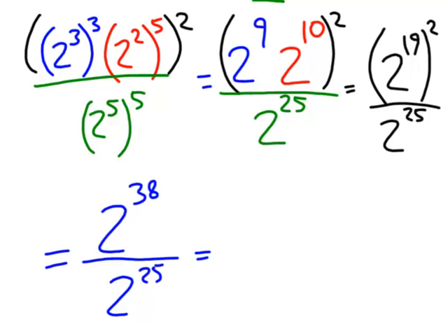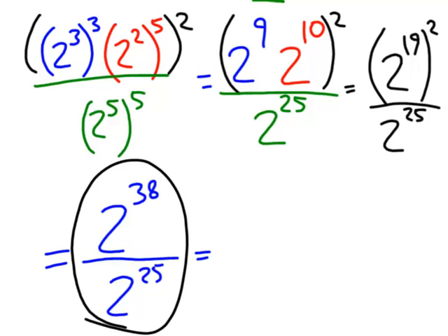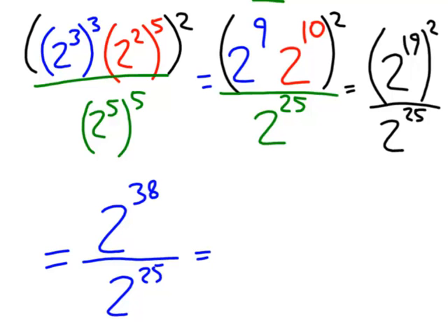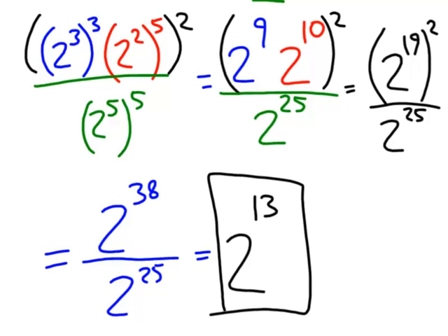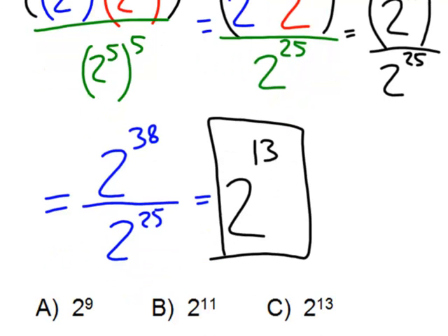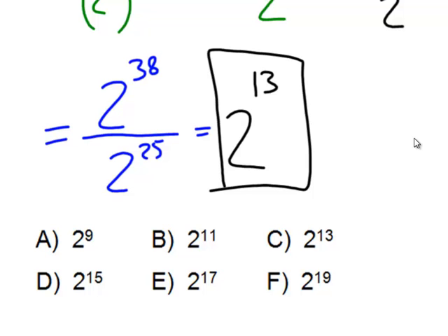And again, I highly recommend that you go over with me or with somebody else who can explain this stuff. Why do we subtract in this case? If you don't know the answer to that or can't explain it, it really is worth your time to go over why this works. So 2 to the, 38 minus 25, that's going to give us 13th power. And that's about as far as we can go, isn't it? So let's look at our answer choices. And we see that our answer is C.